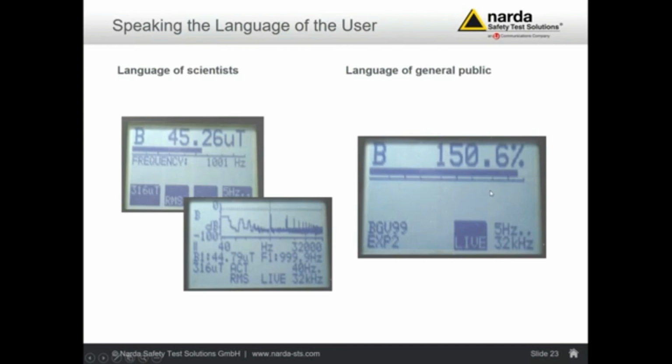This means I'm in trouble and I have to react. If I want to find out why do I have 150%, then I need an engineer who can make this evaluation. There are those modes showing, for example, spectrum analysis can have a lot, but therefore you also have to have some experience. But an instrument showing directly the result in percent of standard, you can even give to your neighbor and he will understand that in this case he's in trouble.